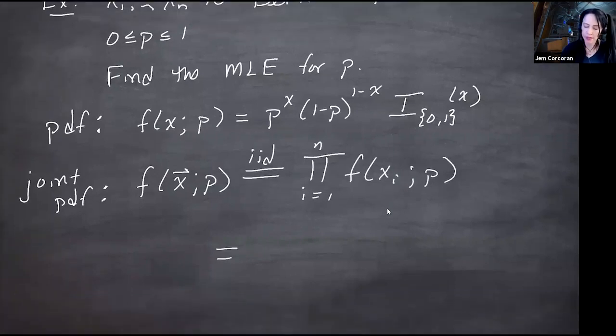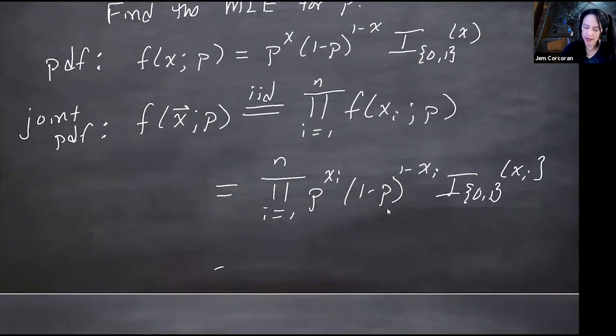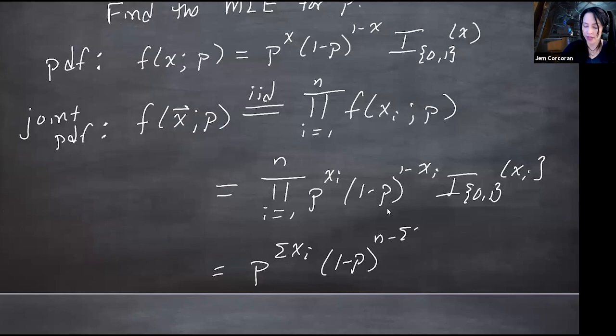So in this problem, this is going to be the product as i goes from 1 to n of p to the xi. We already did this, so let me just blow through this. And we got p to the sum of the x's, 1 minus p to the n minus the sum of the x's, and a product of indicators.